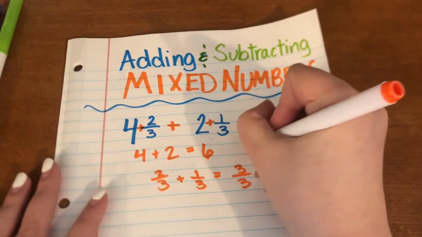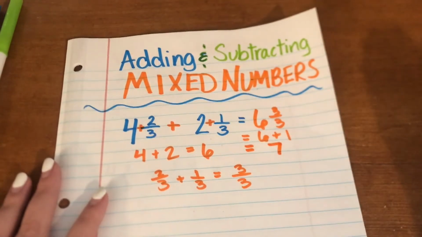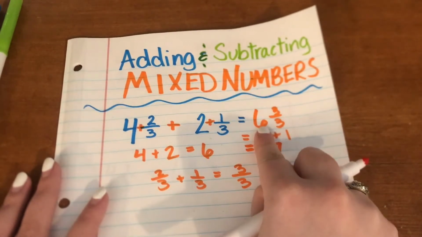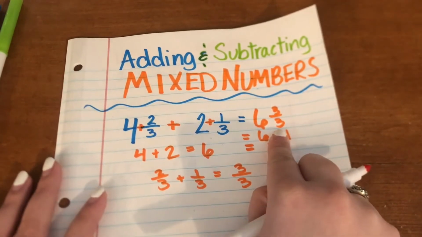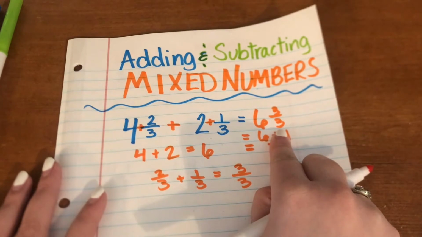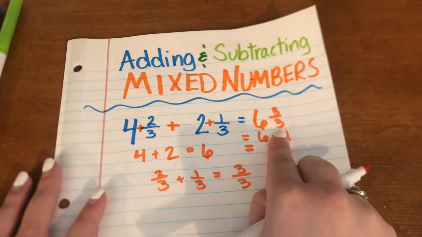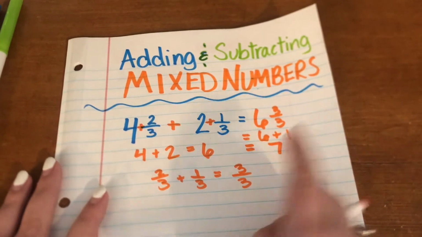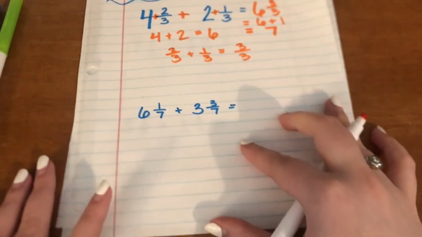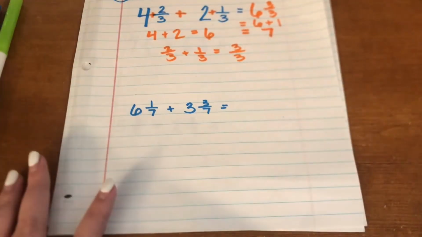So our answer is actually 7 simplified. If you wrote 6 3/3, you would not be wrong. You would be mathematically correct. But a lot of times on quizzes and things, we might be asking you to simplify, and so that would get you to 7.